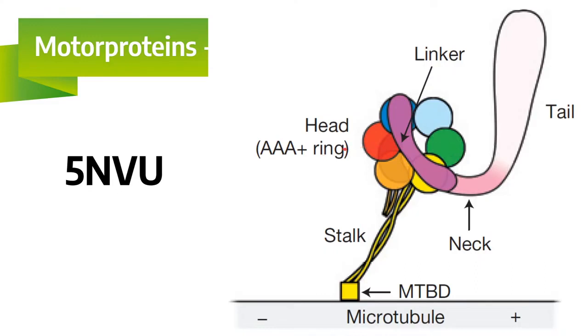They have a different number, so AAA1, AAA2, AAA3, and so on. Okay, so now how do you think this thing will move? Right? So what do you think is something that would make sense in a way that would make this whole thing be able to carry something on its tail end?